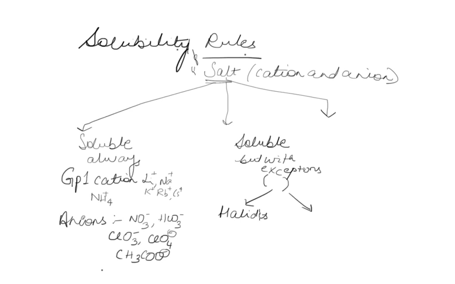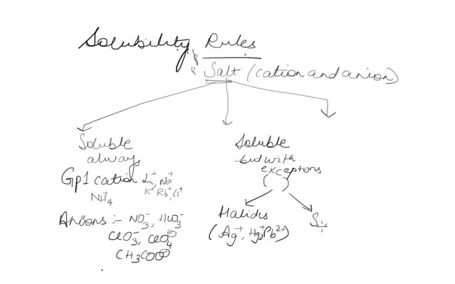In general, we will use the word halides for chlorides, bromides, iodides. So all kinds of chlorides, bromides, iodides are in general soluble, other than when they are halides of silver, mercury, or lead.